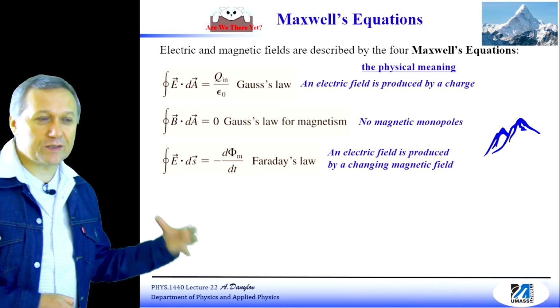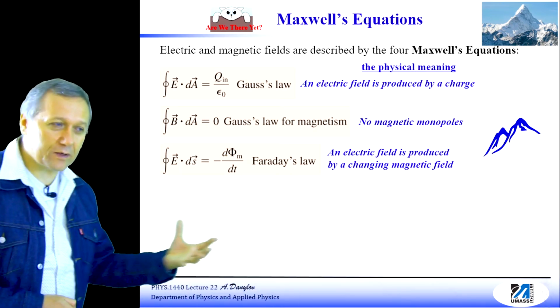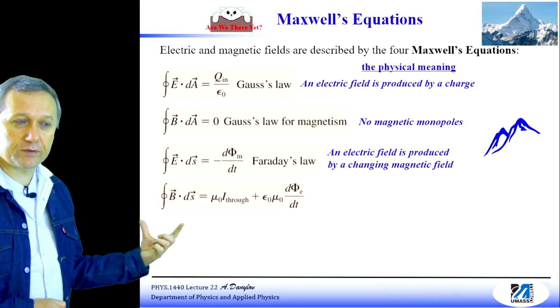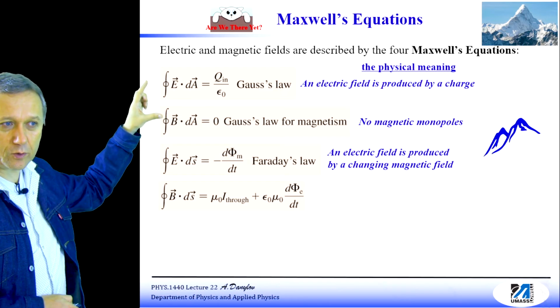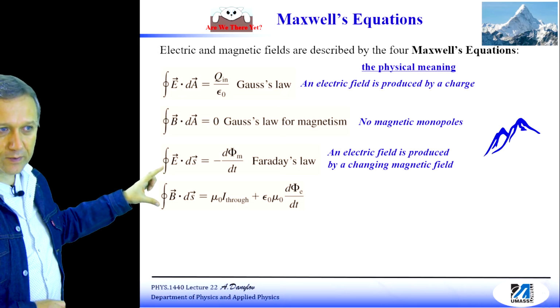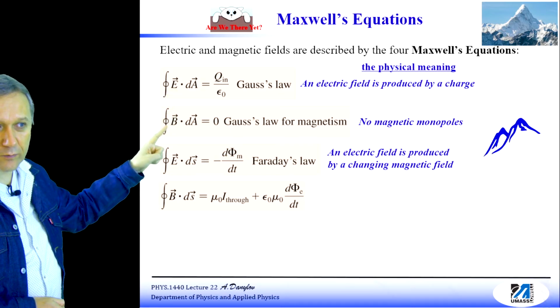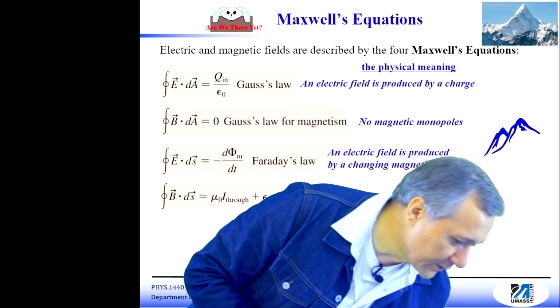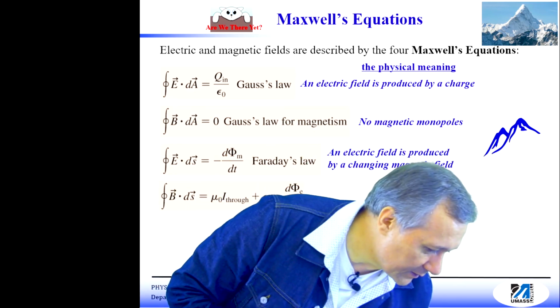And the last equation is the modified Ampere's law, the Ampere-Maxwell equation, which we just introduced. Again, you see integration over a closed loop. Two integrals over surfaces and two integrals over closed loops, one for the electric field, one for the magnetic field. Let me hold you for an extra minute in order to complete this.